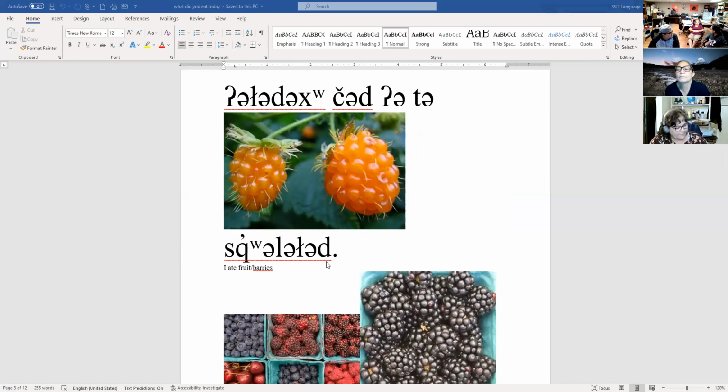We traded with people who had melons, and they could grow in Yakima, honeydews and cantaloupes and watermelons.